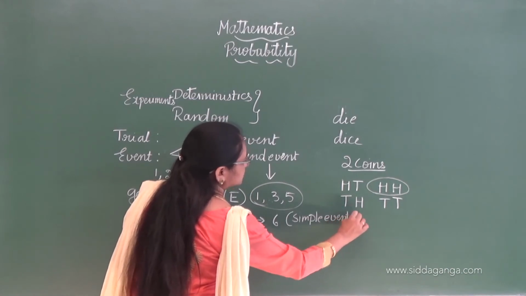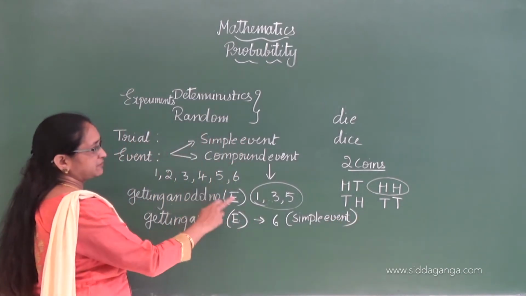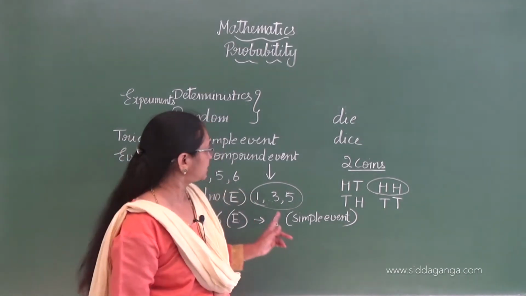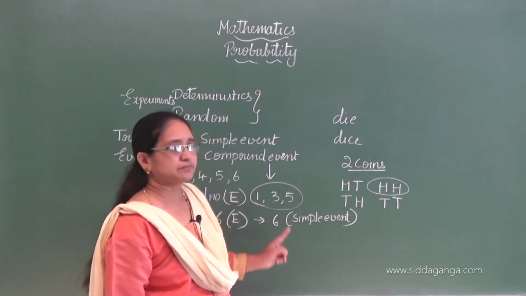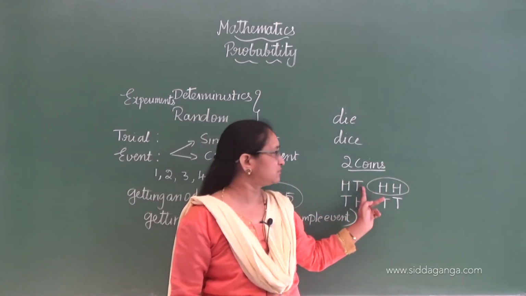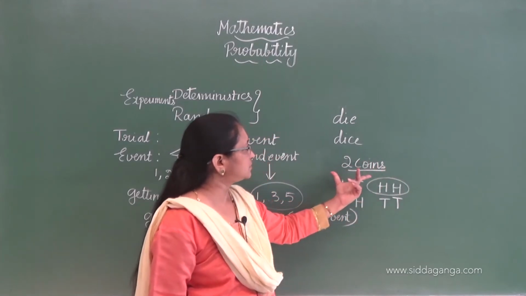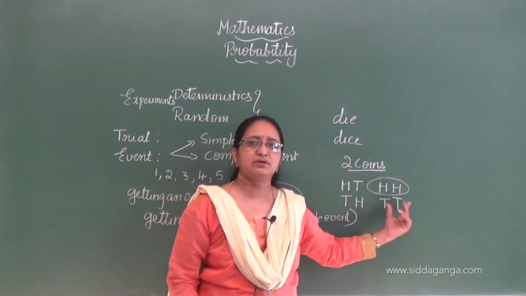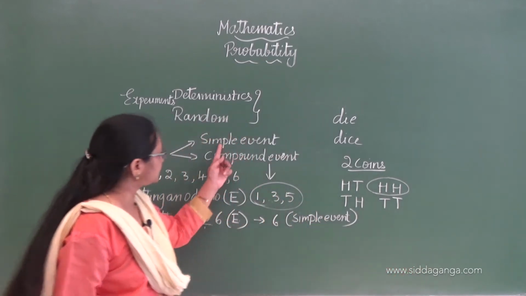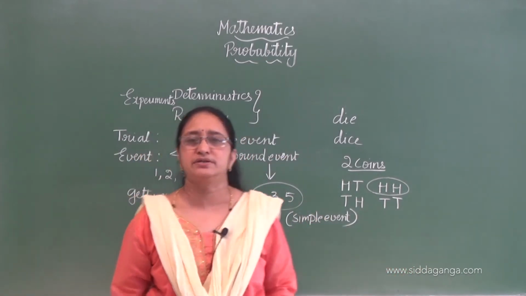Now you understood the difference between the simple event and the compound event. Simple event means only one outcome. So getting two heads means only one outcome is there. I hope you understood the difference between the simple and the compound event.